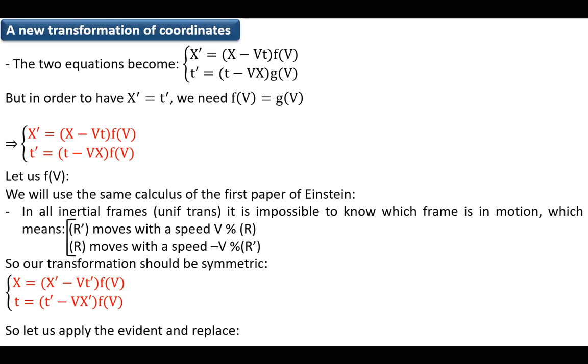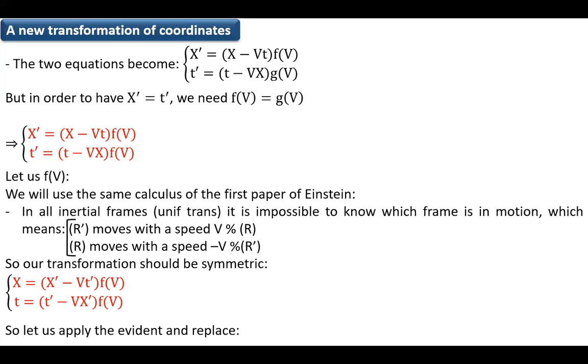At first, we all know that in inertial frames, the frames that are in uniform translation one with respect to the other, it is impossible to know which frame is in motion. So it is impossible to say if R prime moves with a speed v with respect to R, or if it is R that moves with a speed minus v with respect to R prime. In an inertial frame, it is impossible to say because there is no acceleration.